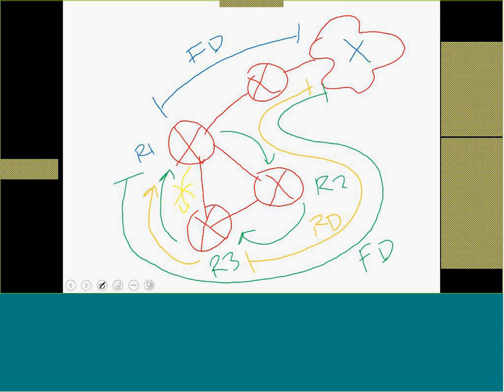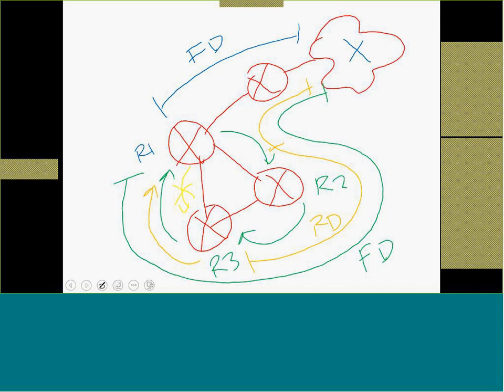No. Because the reported distance includes my primary path. Doesn't this report, if you kind of do a little dotted line here, doesn't that reported distance include my original path? That's what the feasibility condition check is looking for. It's trying to determine whether or not it doesn't mean it is, but it means there's a possibility that the original path could be included.